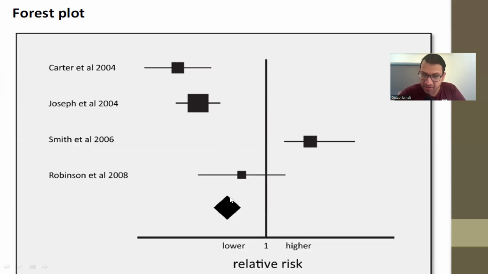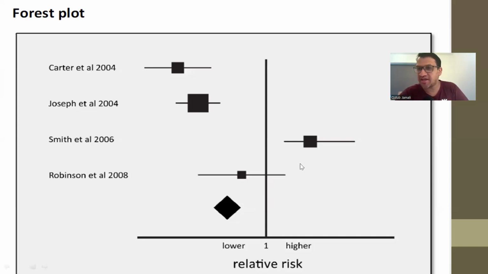Sometimes the diamond shape may be crossing this line. Then you can interpret it in a way that, because it is crossing the line, or say half of the diamond shape is on the left and half on the right, it means the studies done do not arrive at a clear conclusion.